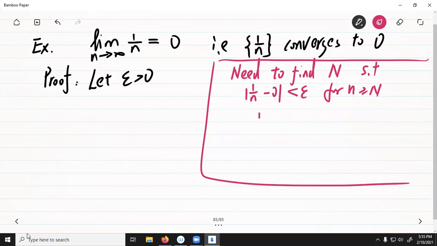This is the absolute value of 1 over n. n is greater than 0, so it should be just 1 over n less than epsilon if n is greater than capital N, so this one must be true.